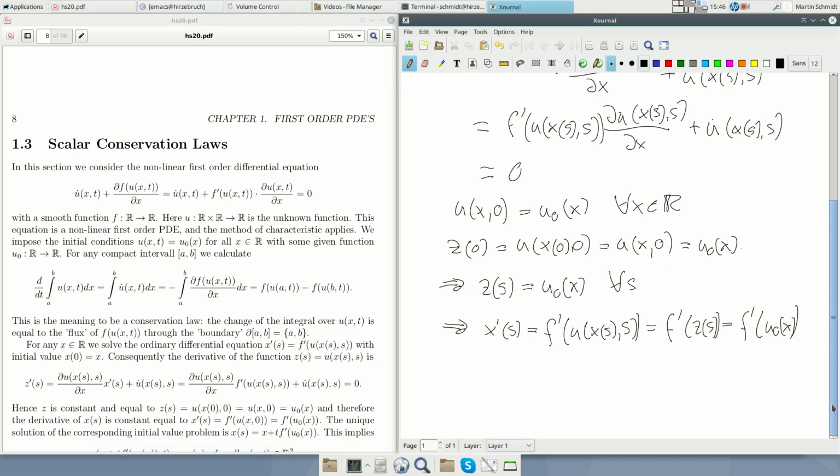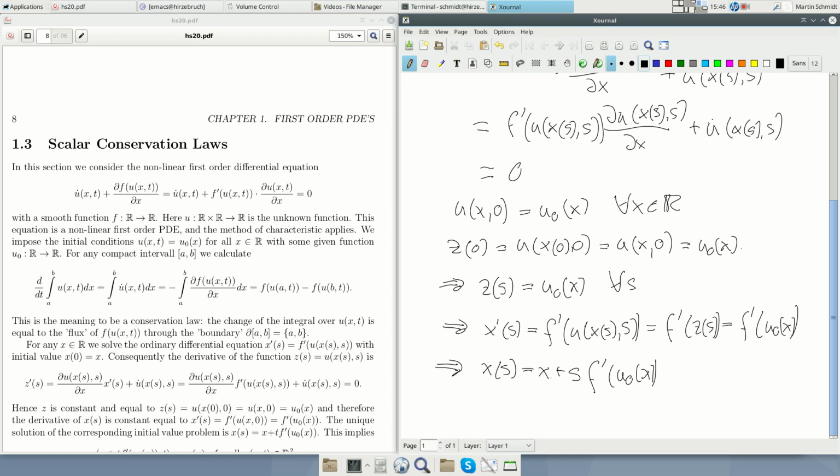So we can now explicitly solve this, and this means x of s is just, at 0 it's x, so we should start with the x plus s times f prime of u0 of x.